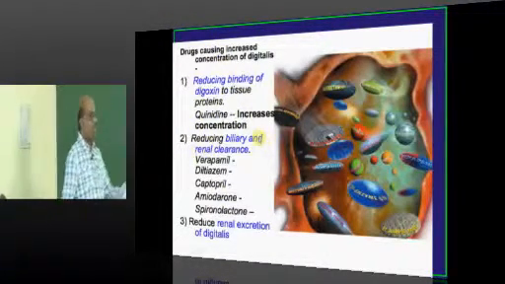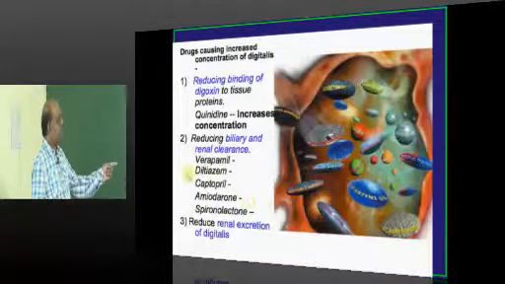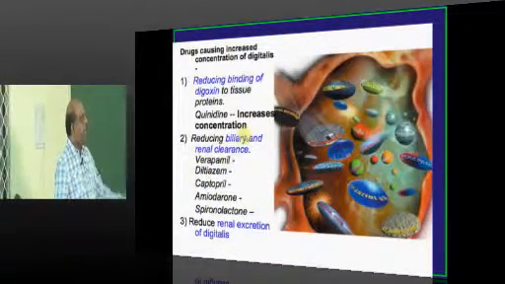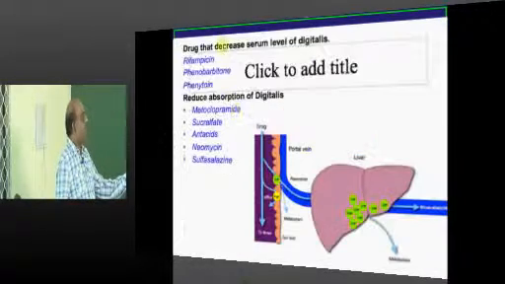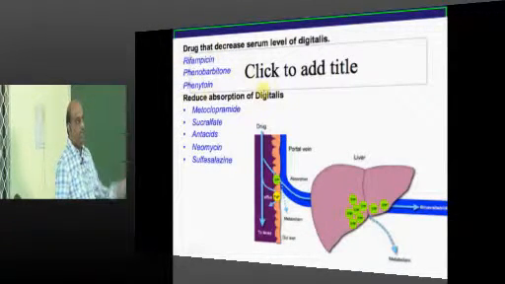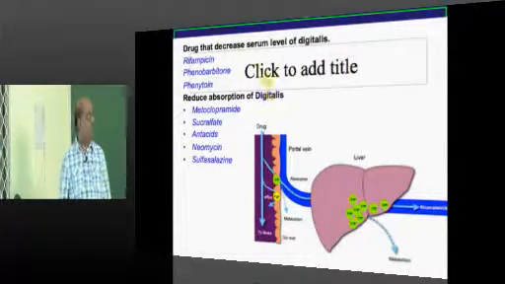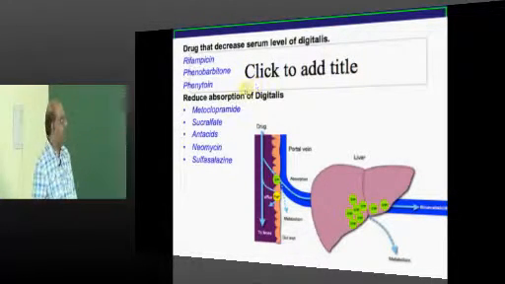Quinidine increases the digoxin concentration. Captopril, amiodarone, spironolactone, diltiazem, verapamil, they all will decrease biliary and renal clearance. And rifampicin, phenobarbital, like P450-inducing drugs, will induce digitalis metabolism and decrease the serum levels.